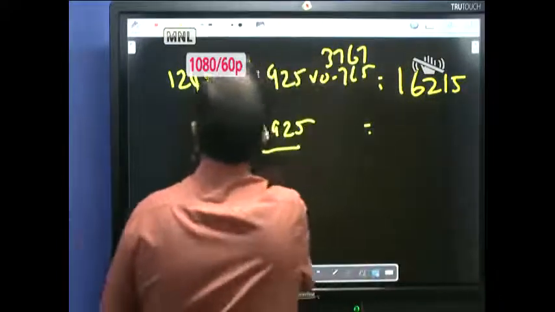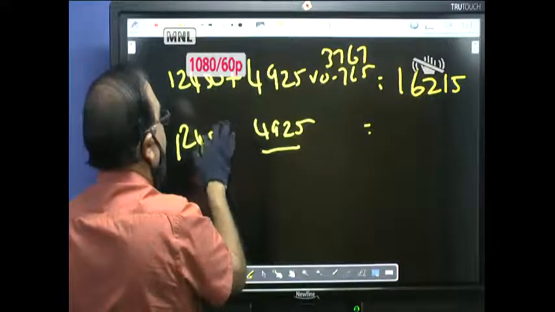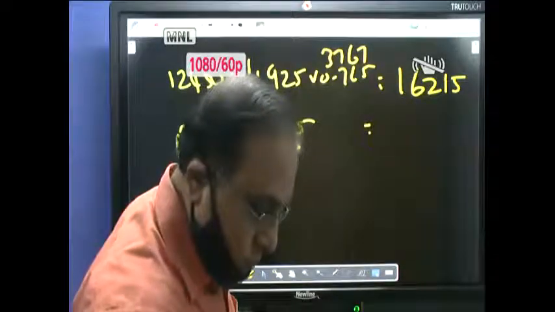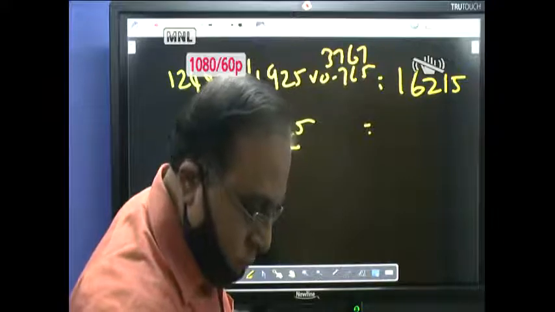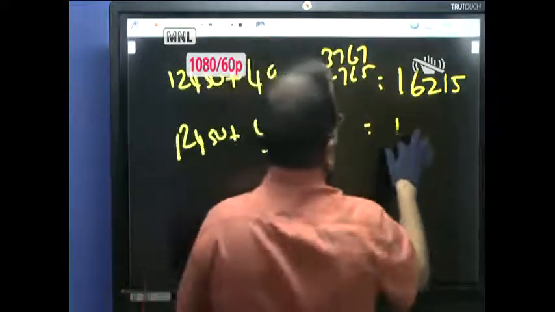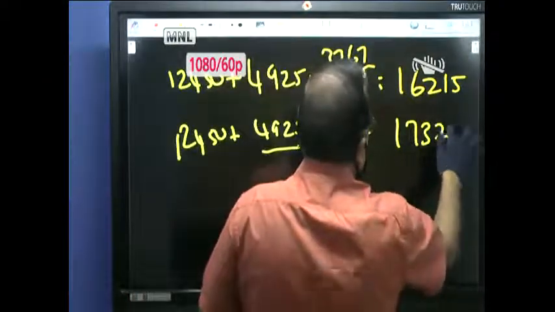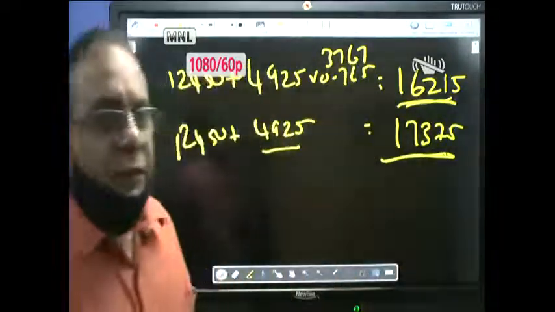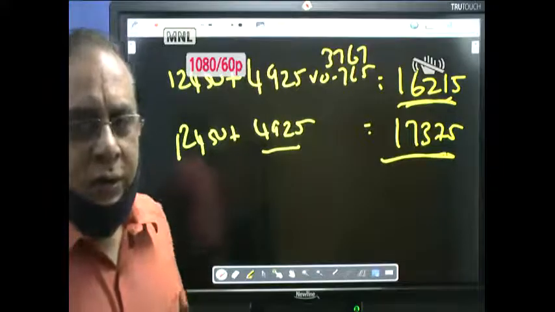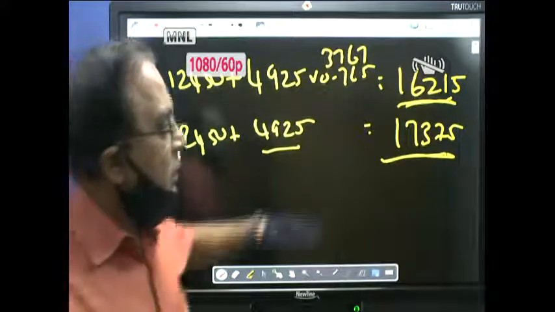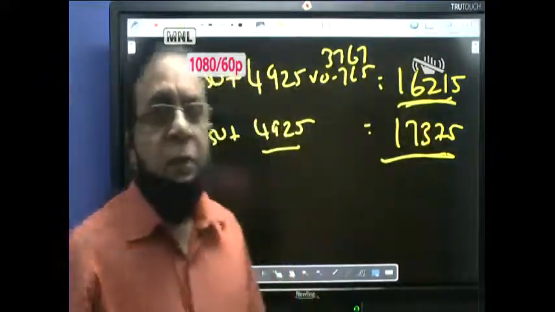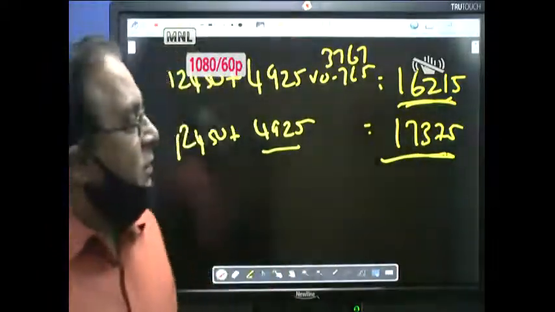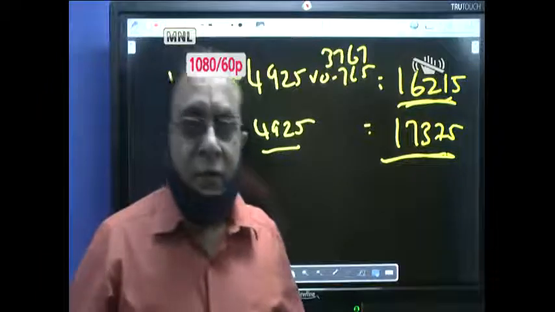If we add the full number, 12,450 plus 4925, it comes to 17,375. Now this is far off, but this is the next target. In case 15,470 is penetrated, then the next important target is another 700 to 800 points on the upside, which could be 16,215.